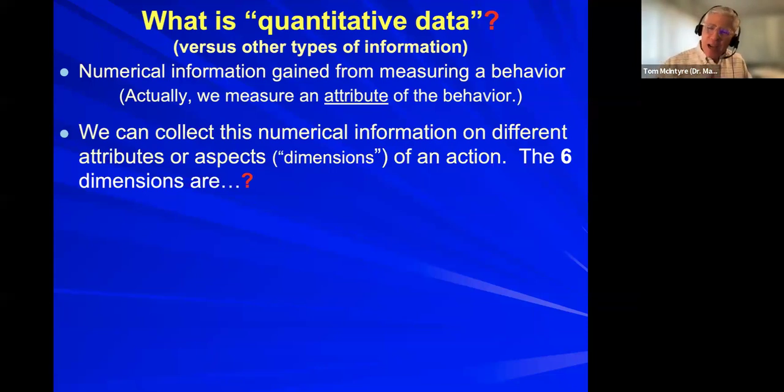So in the chat right now, if any of these dimensions come to mind, please enter it into the chat. How can we change a behavior? Or what can we look at in a behavior? When that behavior happens, the target behavior that we've identified in observable, measurable, and precise terms, what can we measure regarding that behavior?